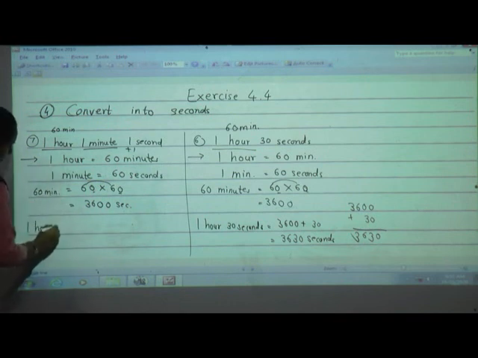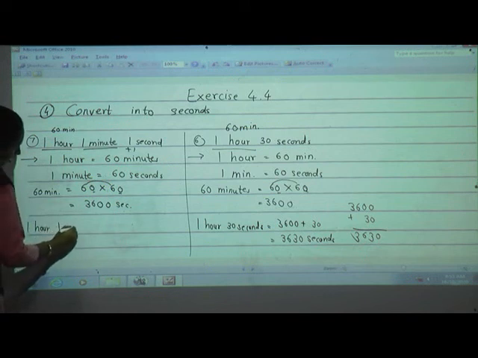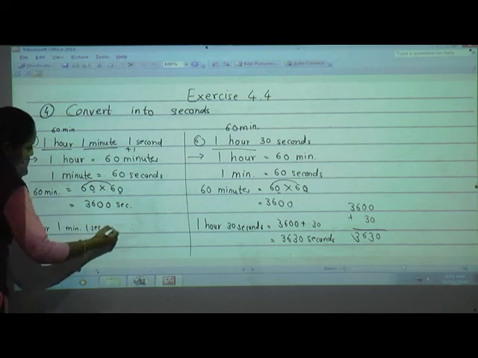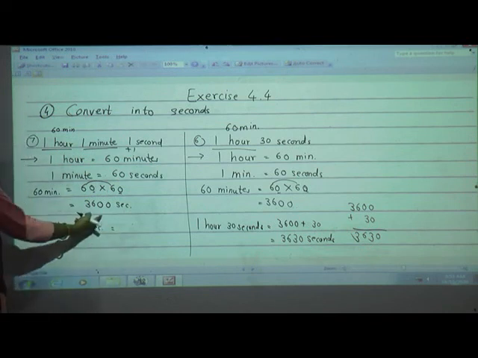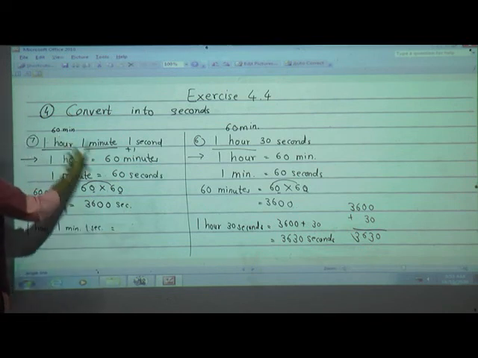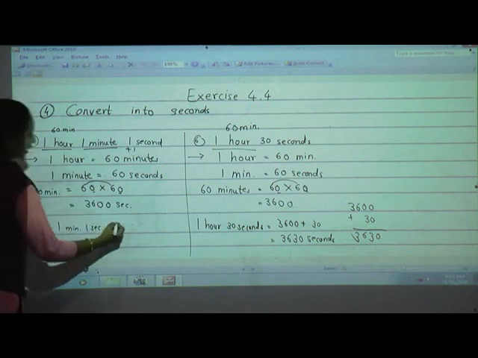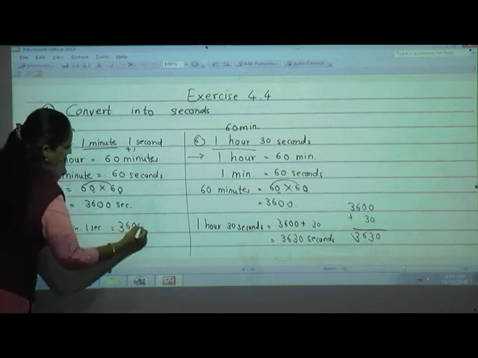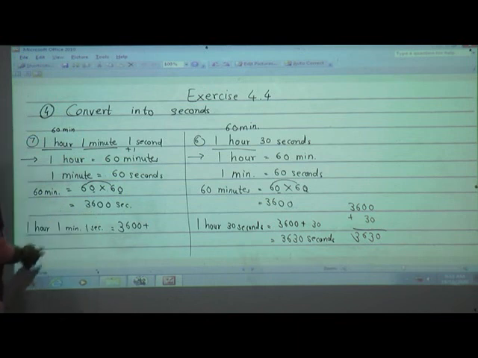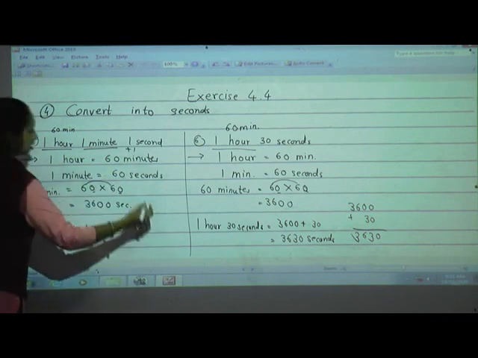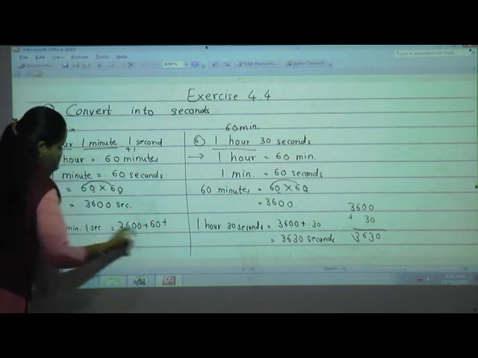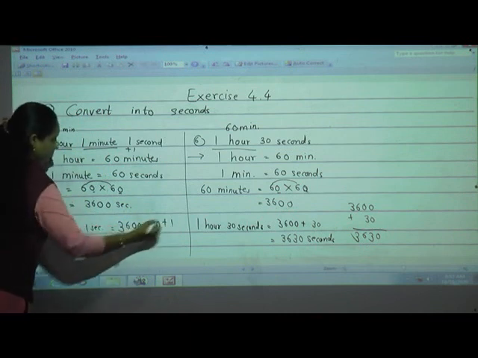Final: 1 hour, 1 minute and 1 second is equals to 1 hour we have found out, that is 3600 seconds. 1 minute is equals to 60 seconds and 1 second we have to add as it is.